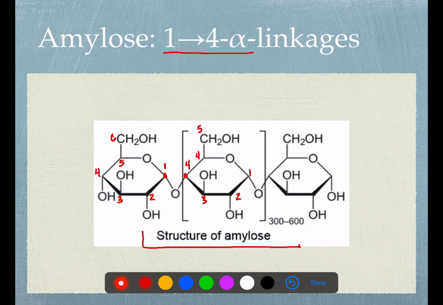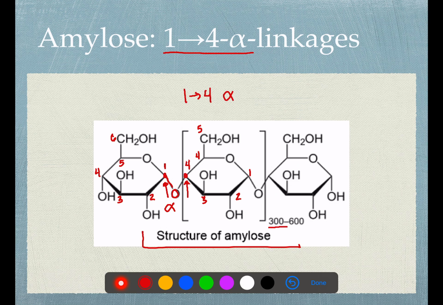The alpha notation, we focus on carbon number 1 and carbon number 4. We ask ourselves, is either of those carbons anomeric? Meaning, are either of those carbons the right-hand point of the ring? Carbon number 1 is anomeric, and it is the alpha anomer because its bond to oxygen goes down. So that's how we get the 1 to 4 alpha notation.